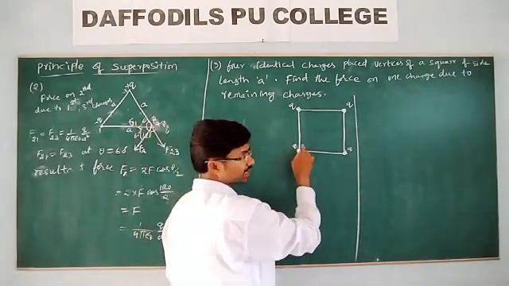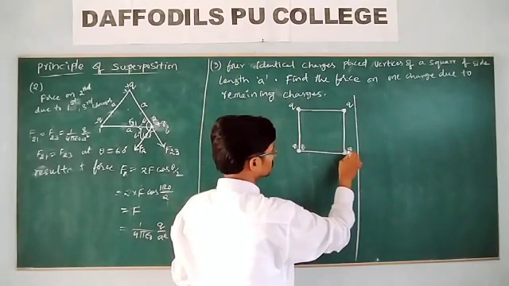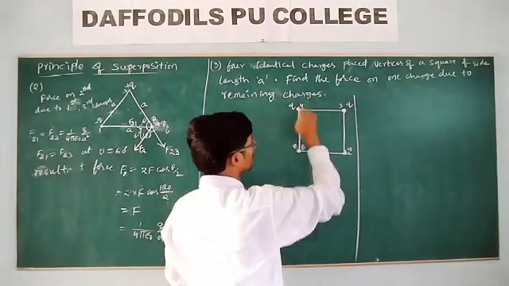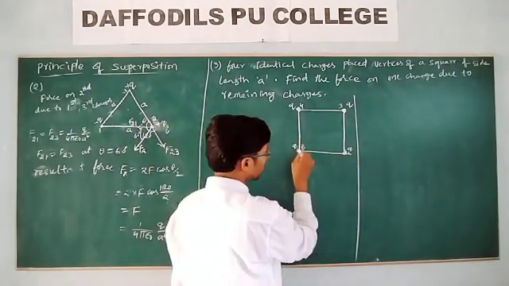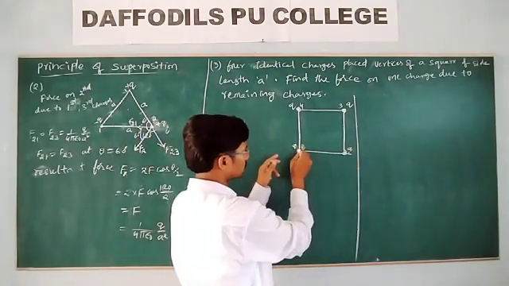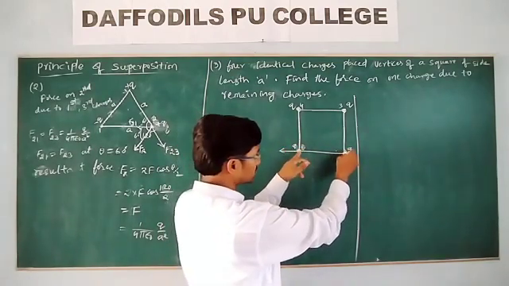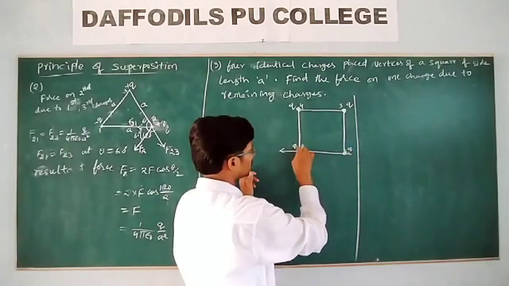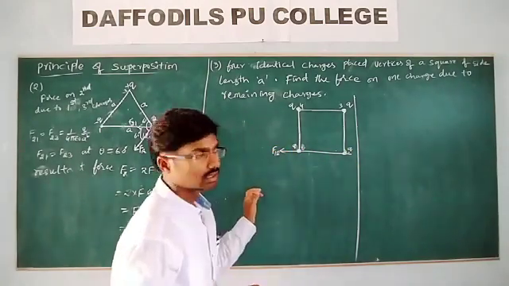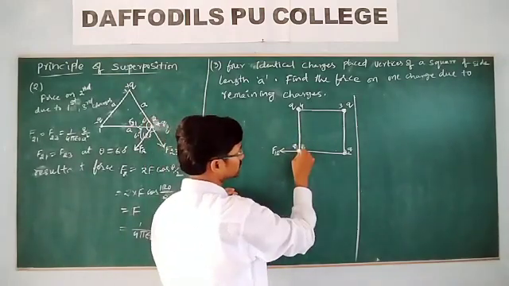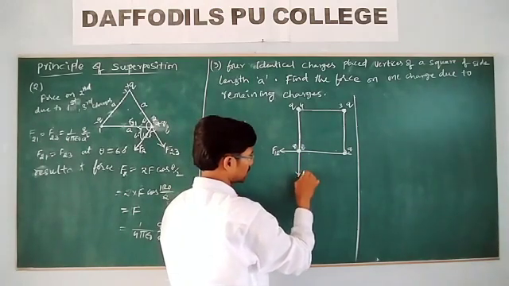Now the force on this charge due to the remaining charges. 1, 2, 3, 4. Tell me, because of repulsion, positive-positive repulsion force, the charge repels this one. That means the force acting on the first charge due to the second charge. Similarly, the force acting on this charge due to this one.